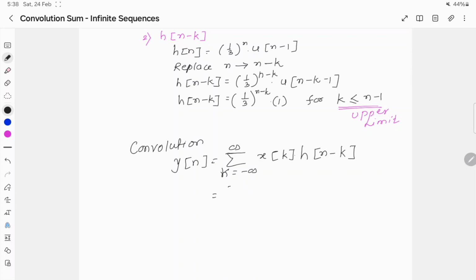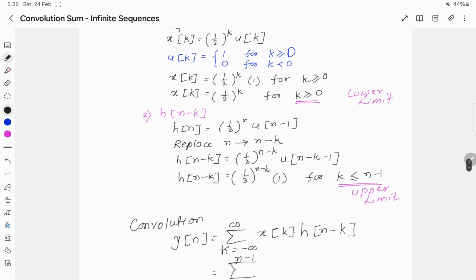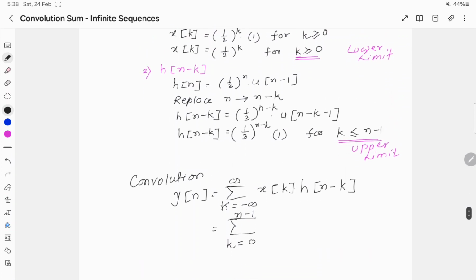Here these limits will be replaced now. So the limits of k are from 0 to n minus 1. The value of x of k is 1 by 2 raised to k from the first part. The value of h of n minus k is 1 by 3 raised to n minus k.